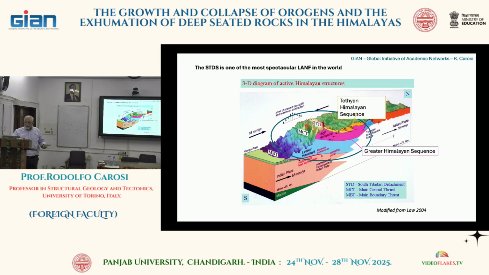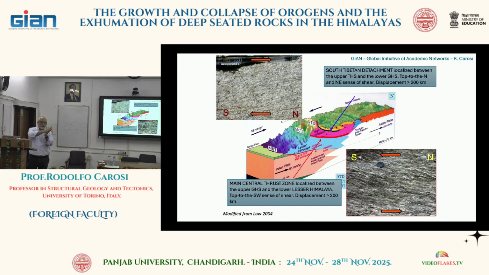You can allow the occurrence of leucogranites that are melted along the South Tibetan detachment, so they can allow deformation very easily, a mechanism of strain softening. Or it was before a flat thrust, and then it was reutilized as a normal fault. This is also another possibility to explain this strange attitude of the South Tibetan detachment.